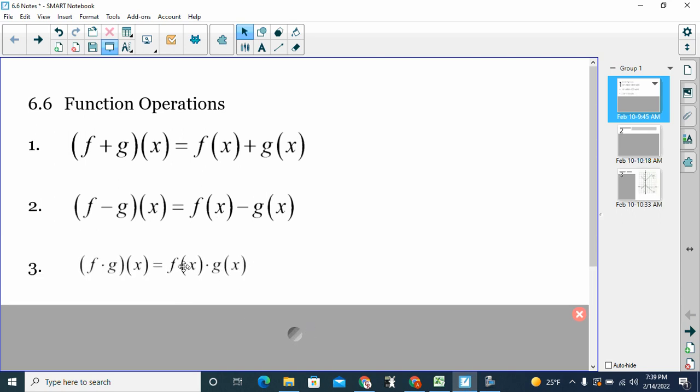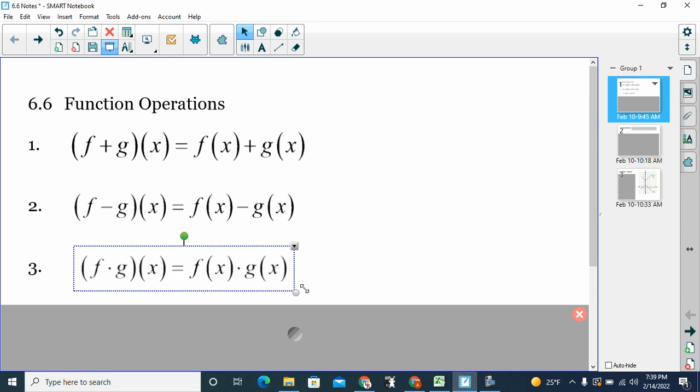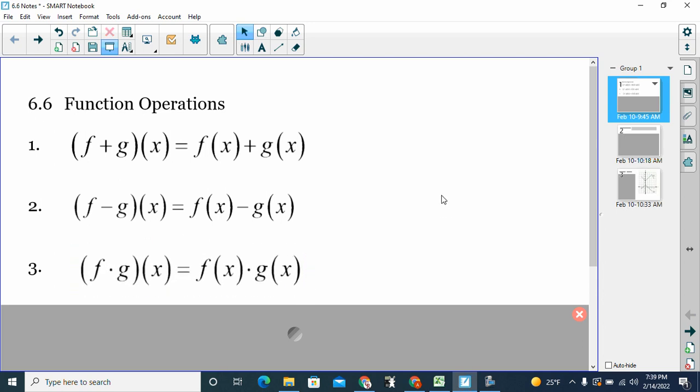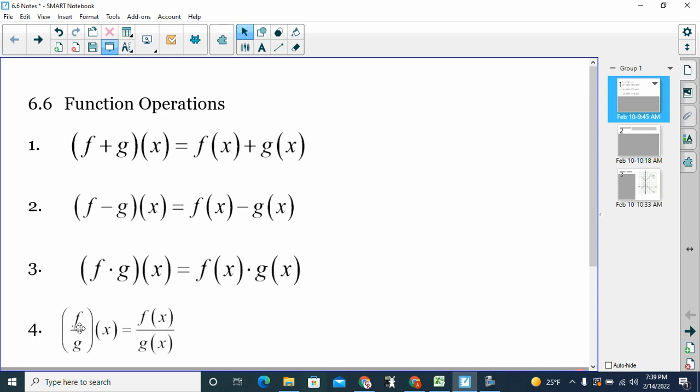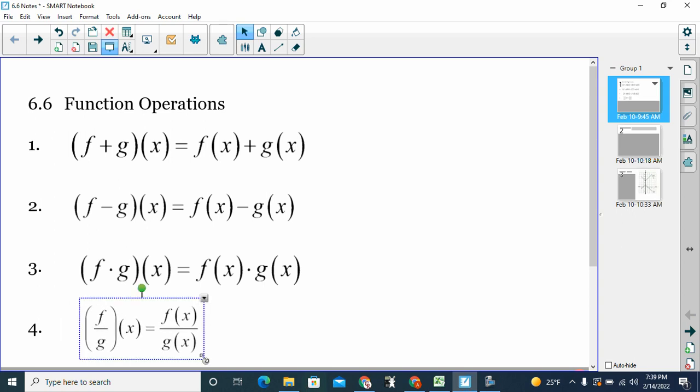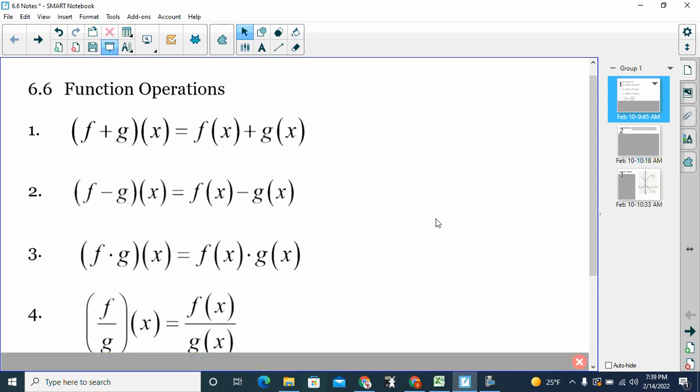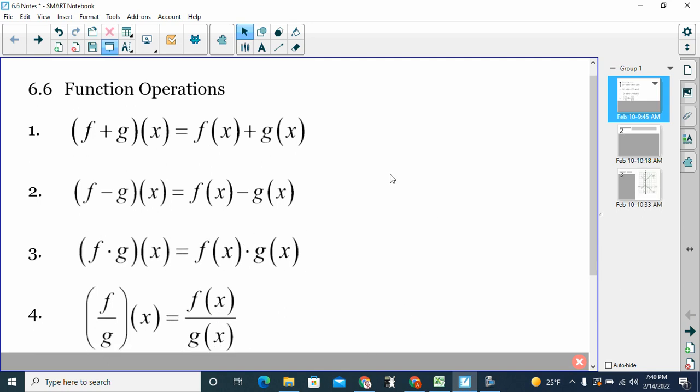If we're multiplying, (f · g)(x), we're just going to take f(x) and multiply it times g(x). Or if we divide, we will take f(x) and divide by g(x). So all of these you're very familiar with.